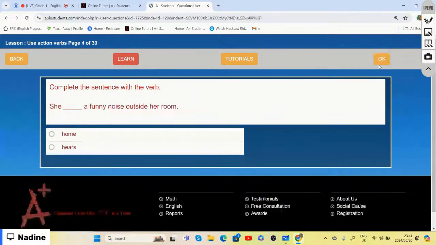All right, let's do the last one. It says she home a funny noise outside her room, or do we say she hears a funny noise outside her room? Which word is a verb that we need to choose that completes the sentence?